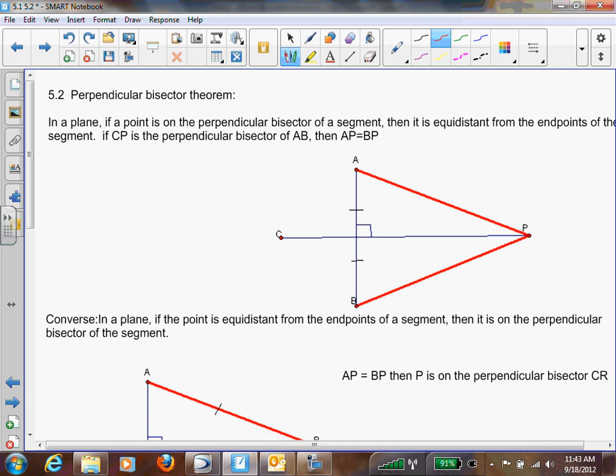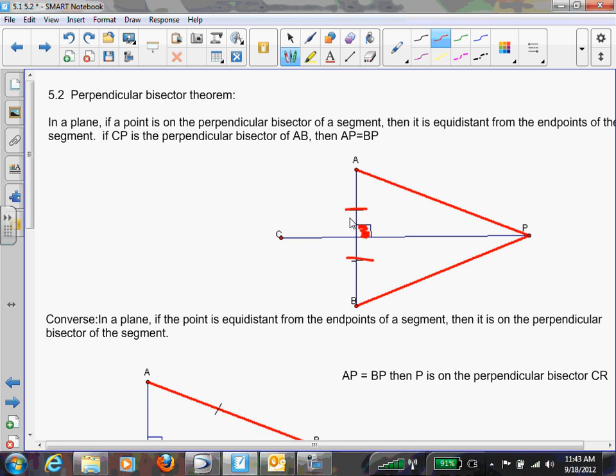The perpendicular bisector theorem says, given a segment AB, if I put a perpendicular bisector through that segment, I'm calling CP. I know that it's perpendicular because I'm showing the 90-degree angle. I know that it's a bisector because these two symbols indicate that my lengths are the same.